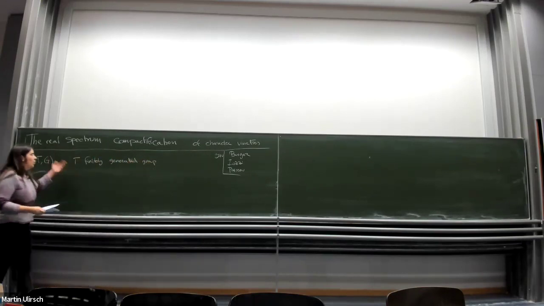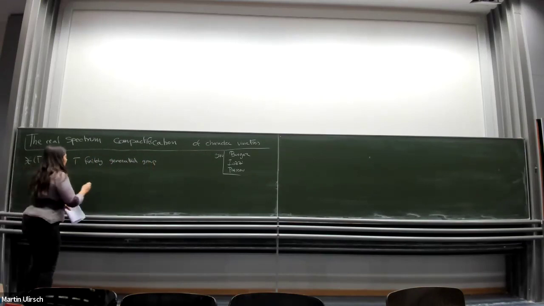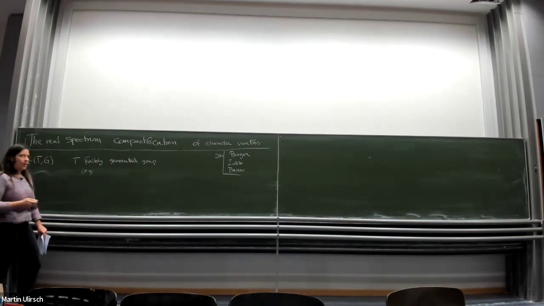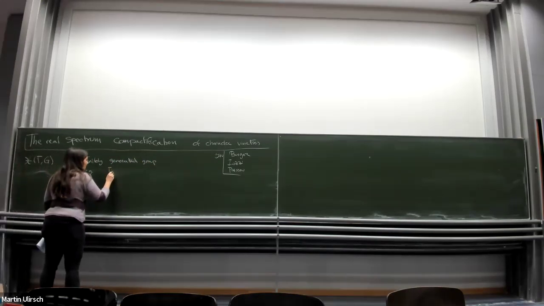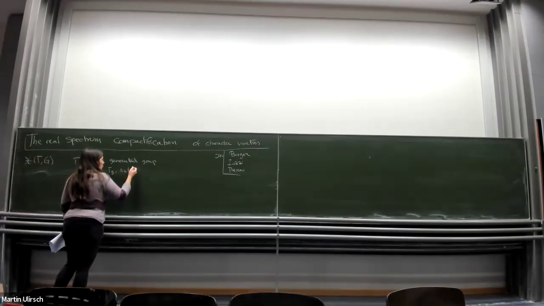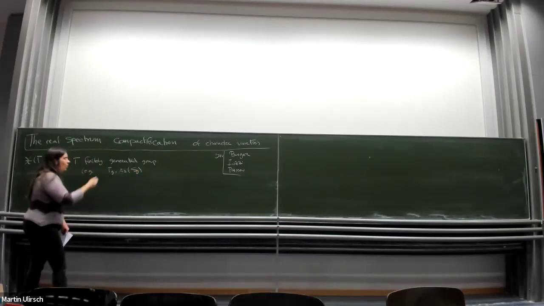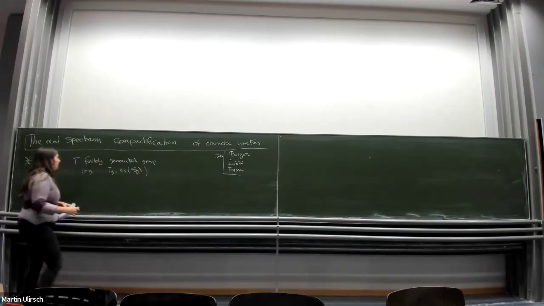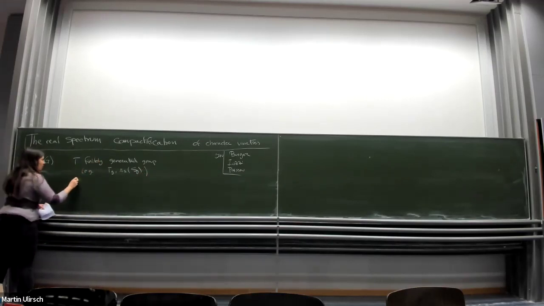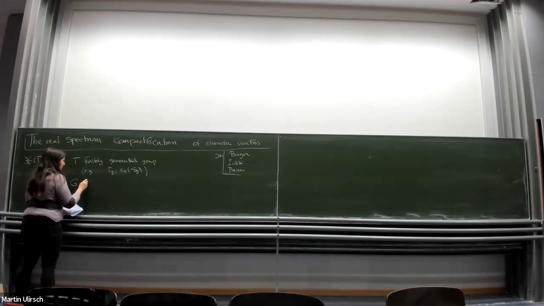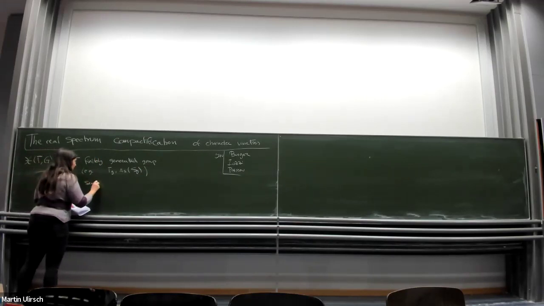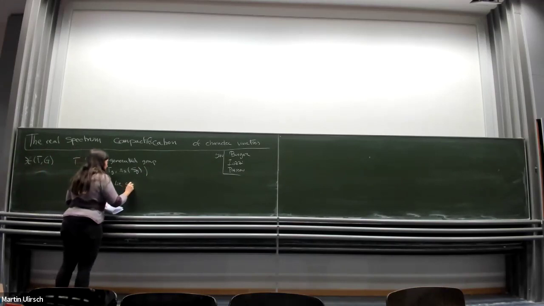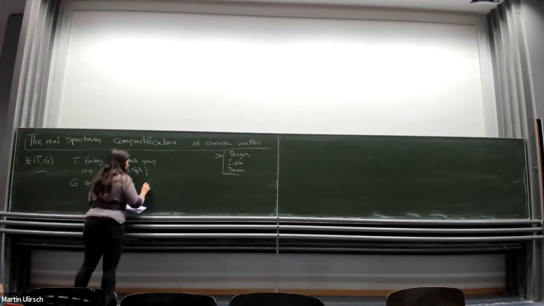And actually, a lot of what we do works in generality, but the group you should keep in mind that's most interesting for me and probably very interesting for you as well is Γ the fundamental group of a given surface or curve of genus g. And G would be a Lie group, very simple, of Hermitian type.